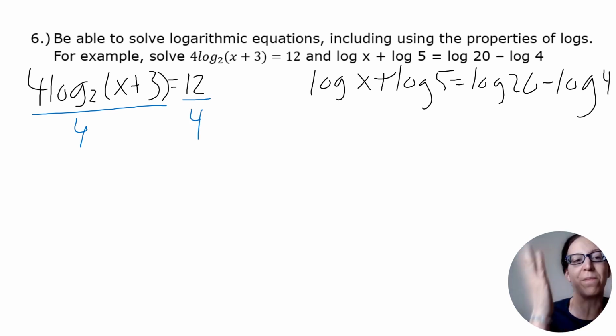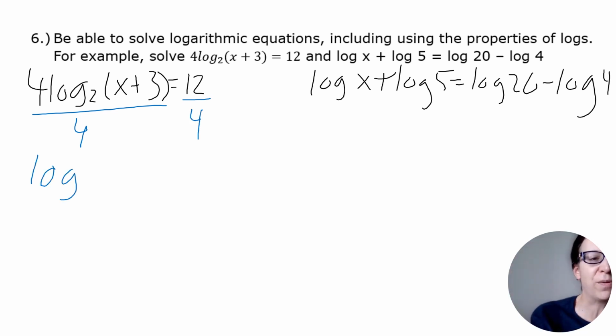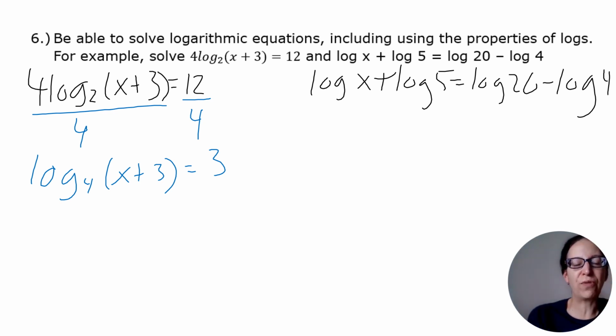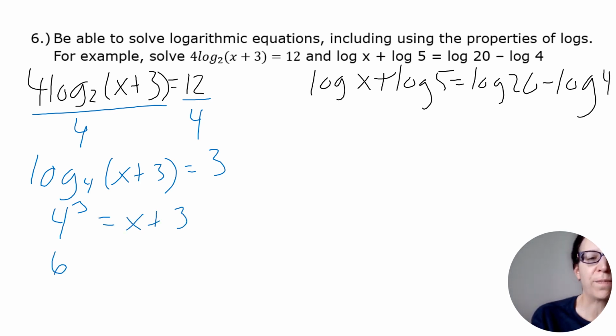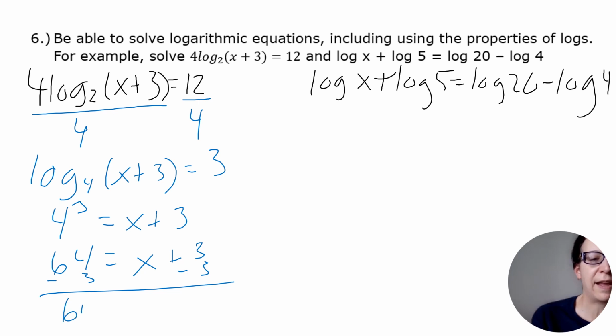You have the 4 multiplying the log, so it would be better to divide. 12 divided by 4 is 3, and now we'll change the log over to an exponential. That's one of our key strategies. So we'll have 4 to the third power is equal to x plus 3. 4 to the third power is 64, and then we can subtract the 3, and we will get x is equal to 61.